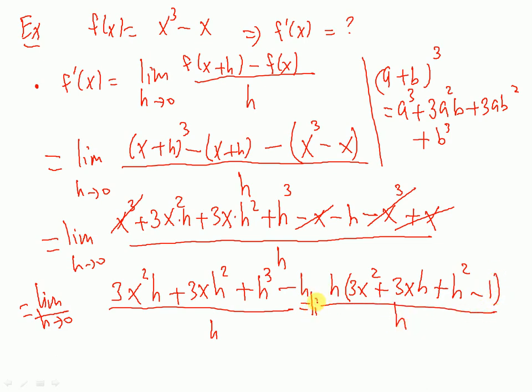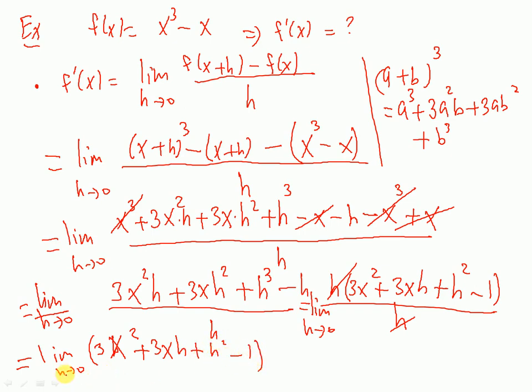Oh, don't forget about the limit here. So now h and h is gone. We have the limit as h goes to 0 of 3x squared plus 3x h plus h squared minus 1.